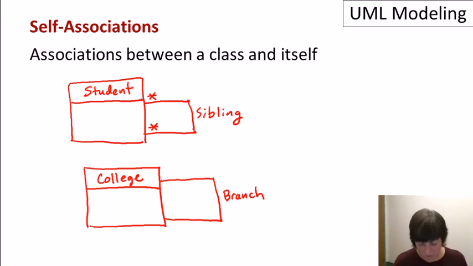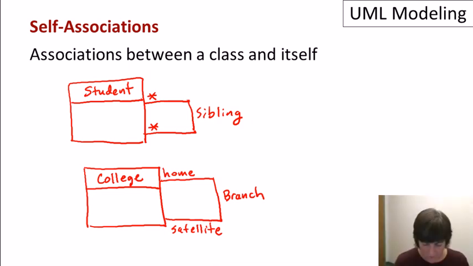Now let's think about the multiplicities here. First of all, when we have a self-association, in UML we're allowed to label the two ends of the association. So I could, for example, say on one end we have the home campus, and on another end we have the satellite campus. And now with those labels we can see the asymmetry, and that lets us get our associations right.